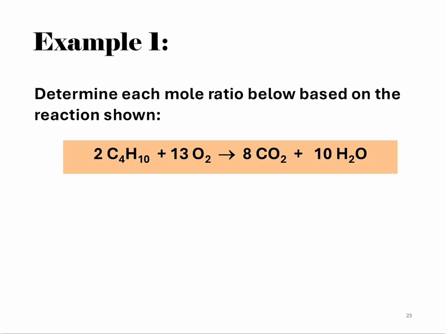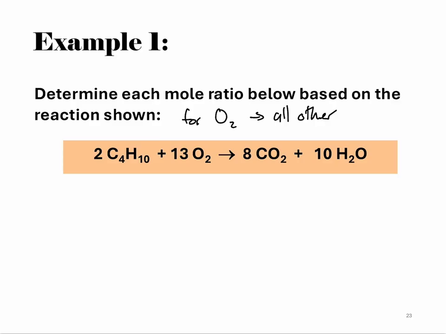Determine each mole ratio based on the reaction shown. We'll just do this for one example: do this for oxygen to all the other species in this chemical reaction.